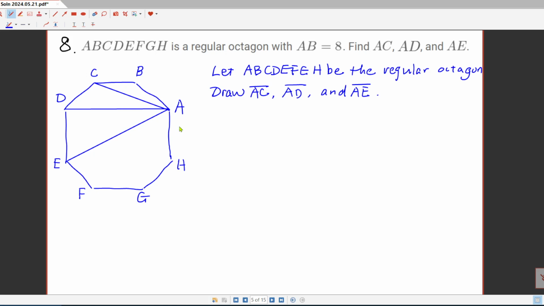Okay, in this case, we know that ABCD is a trapezoid, right? So usually if we have a trapezoid like this, we can also draw the altitudes from B and C to help us solve this problem.